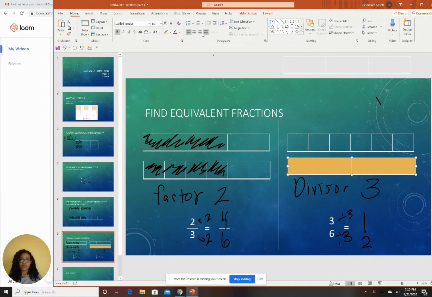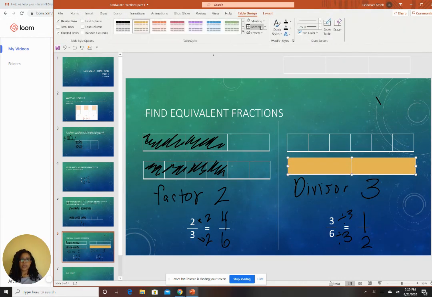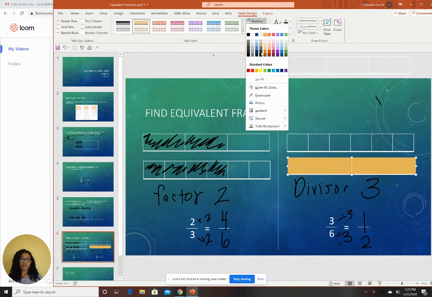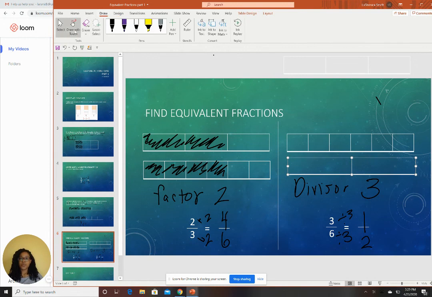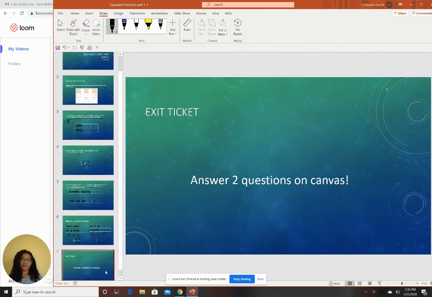Okay, so let's see if we can have the same. So we're going to color in 3/6, 1, 2, 3, and then we're going to color in 1/2. Is that the same? It sure is. So we have an equivalent fraction.